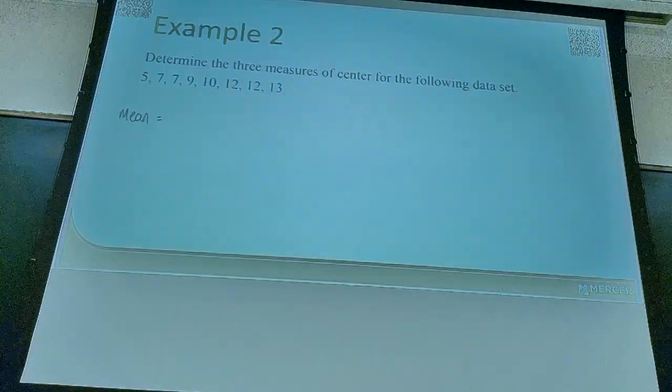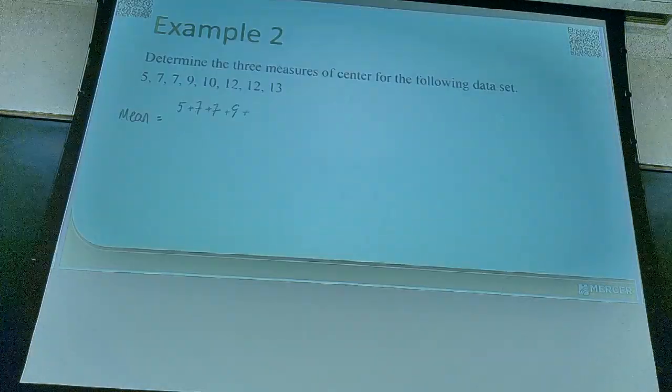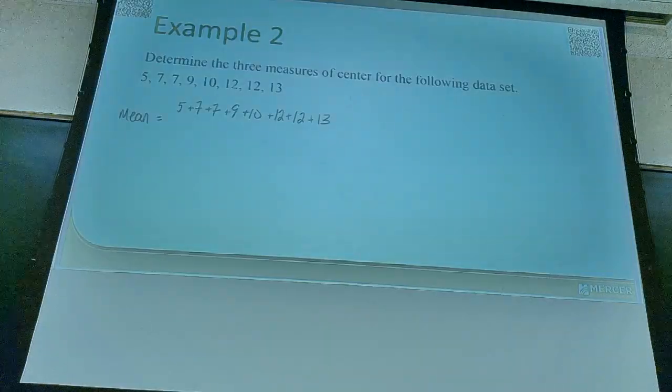Mean is the sum of the data points divided by the total number of values you have. There's 8 of them.